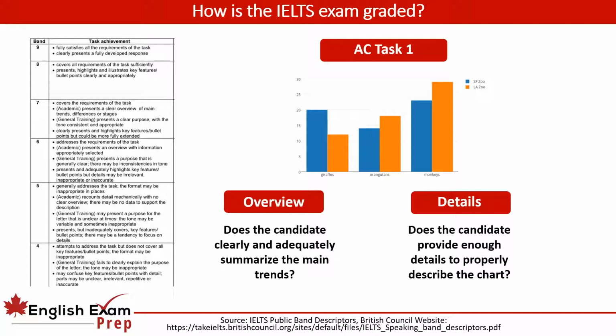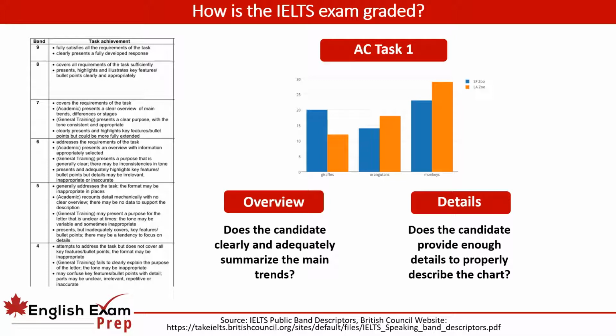This would be somebody who just says, okay, the San Francisco Zoo has 20 giraffes, 14 orangutans, 23 monkeys. The LA Zoo has 13 giraffes, 18 orangutans, and 29 monkeys.